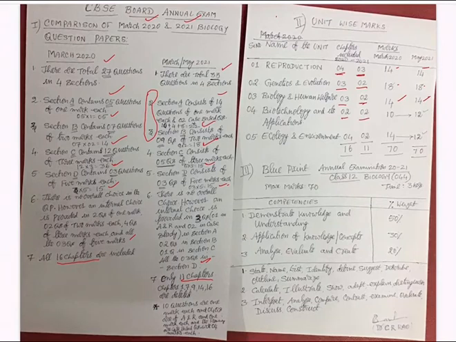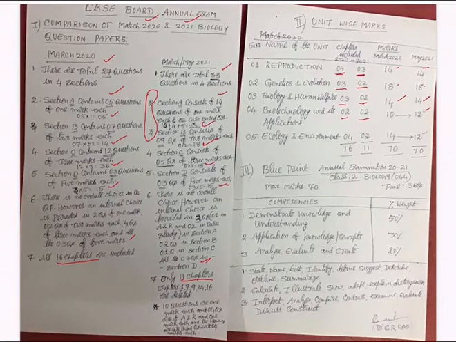Next, biotechnology and its application. Of course, previous batch also 2, your batch also 2. And the marks increased. Previously 10, 5 marks each. Now 6 marks each, because 12 marks for your batch. Again, 6 chapters if you are thorough. Just calculate 18 plus 14 plus 12. That means 18, 30, 44 marks.